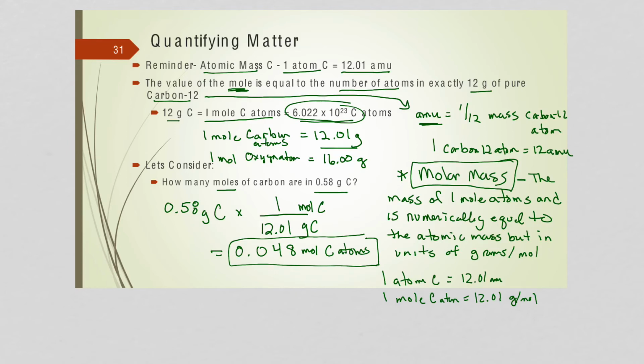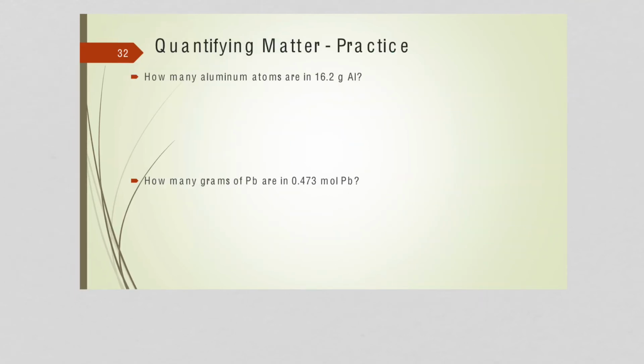And I now have the ability to convert between moles and grams using the molar mass of the material I'm working with. So we're going to use these two concepts to convert back and forth between these three different quantities: individual items, moles of a material, and grams of a material. So at this point, let's do a couple practice problems and practice these conversions.